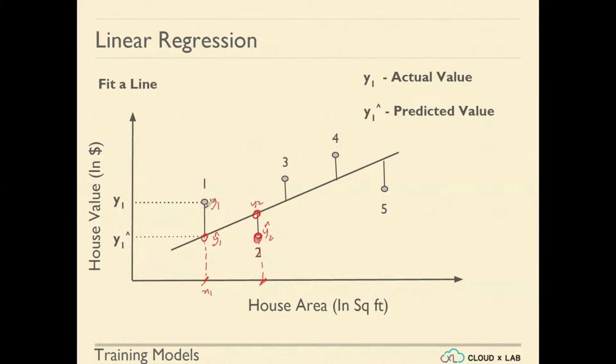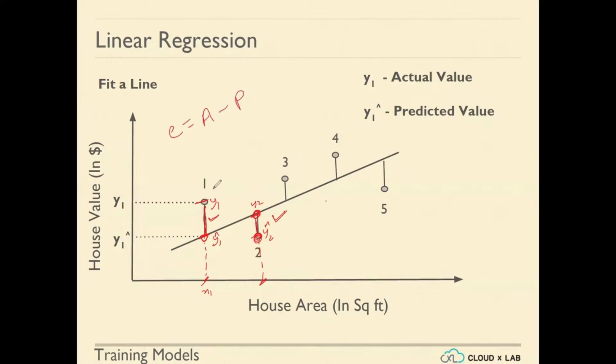So we can calculate here the error, the difference between the actual value and the predicted value. Now this difference can be positive, can be negative. If you define actual minus predicted, then this difference will be positive and this difference will be negative, right? Because here we are defining error as actual minus predicted.